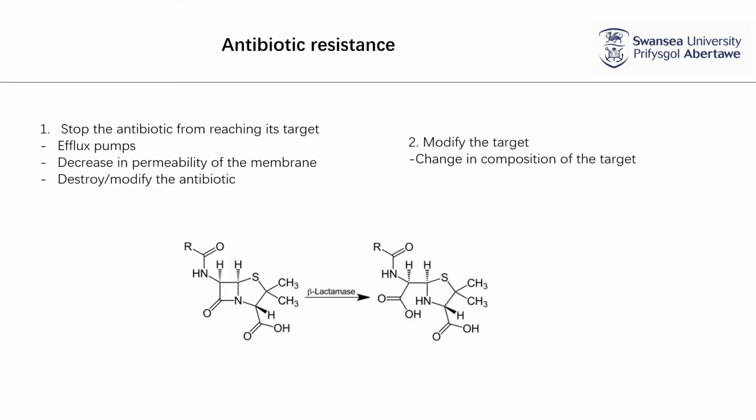It can do so with two strategies. It can either stop the antibiotic from reaching the target at a high enough concentration, or it can modify the antibiotic's target so it can no longer do its job effectively. And here we have some mechanisms. First one is a pump.